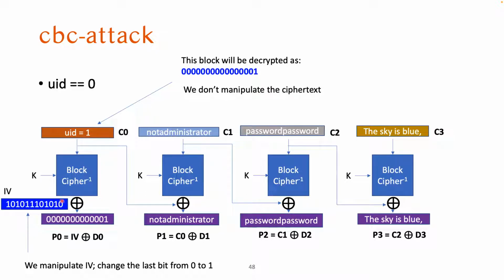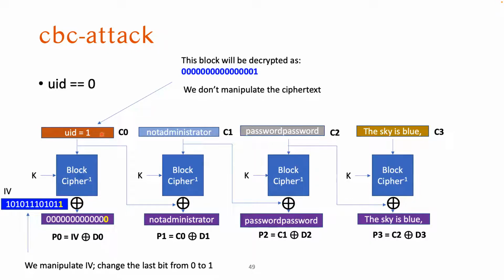If we change this to 1, then this 1 will become a 0. So CBC protected the ciphertext itself, which is very good. But the problem is that they use a simple XOR onto the plaintext.